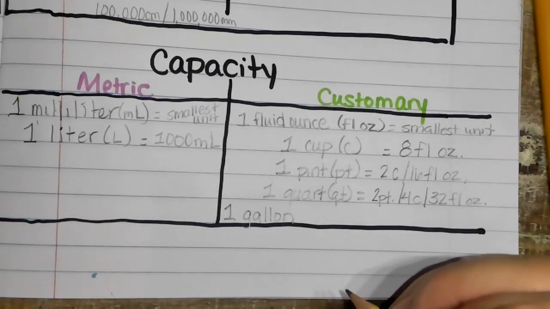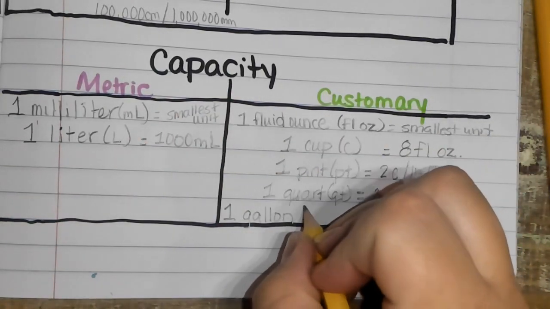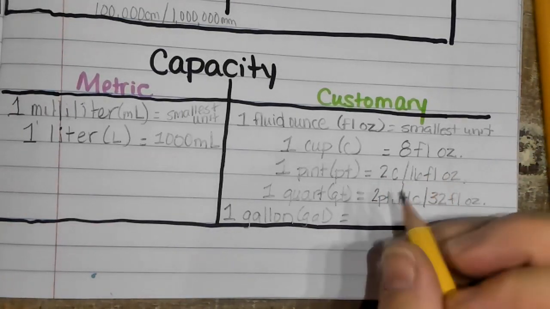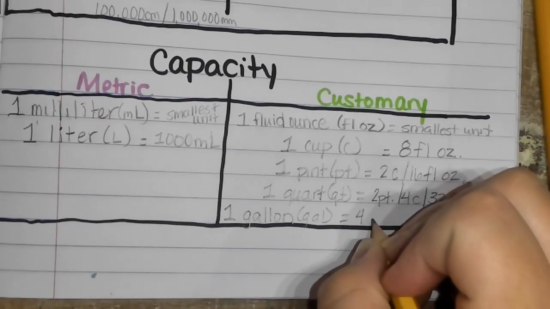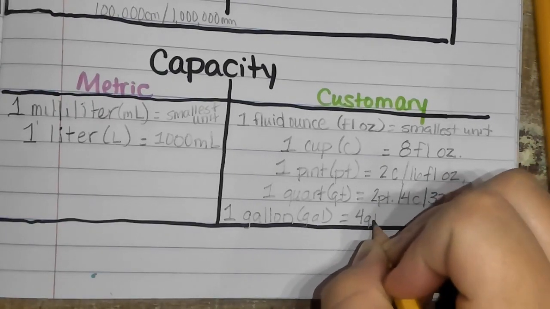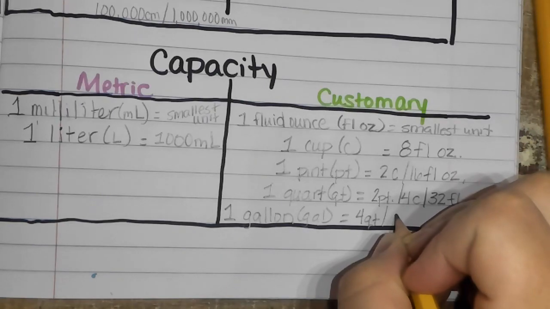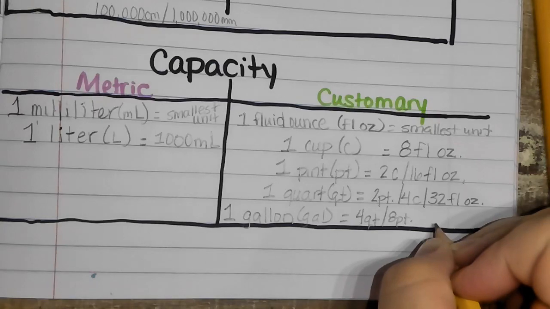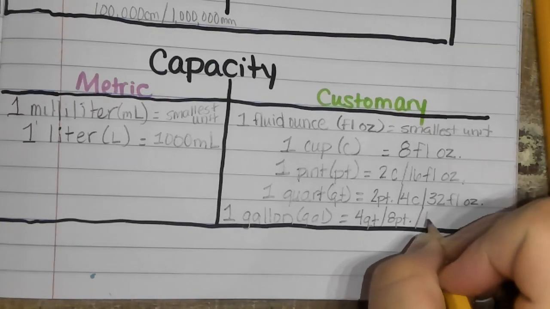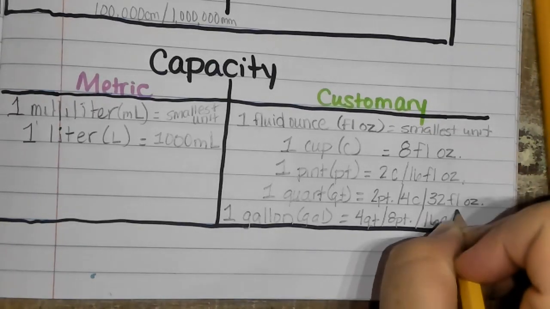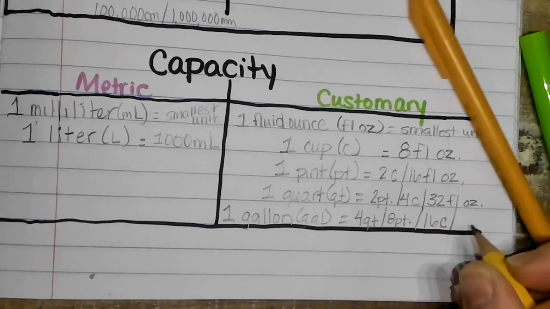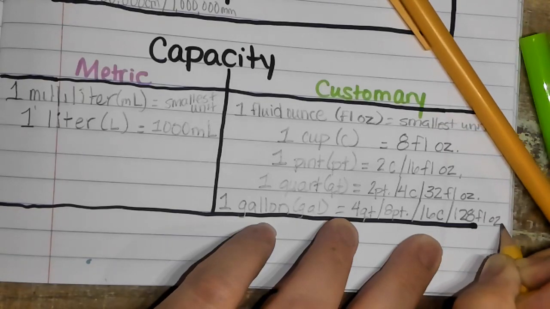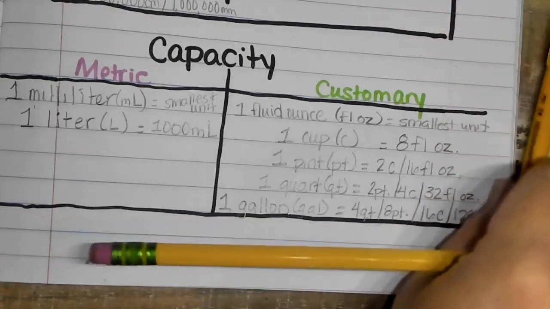To end up with a gallon, and you abbreviate gallon with GAL, all lowercase, you either need 4 quarts or 8 pints or 16 cups or 128 fluid ounces. And that's it for capacity.